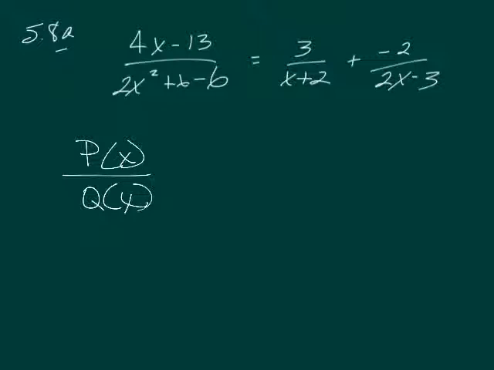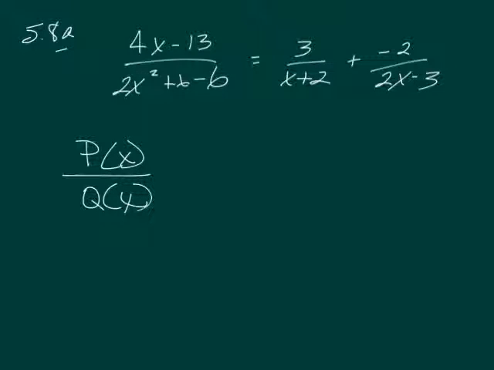Okay, so it says here, first point is if the degree of p of x, the exponent of p of x, is greater than or equal to the degree of the denominator, where you add the exponents together, if this degree is greater than this, you divide the two, and you decompose once you do that, but that's the first step.